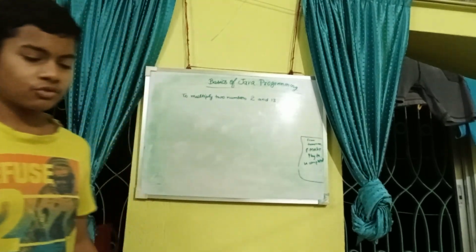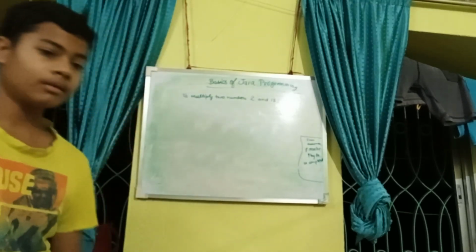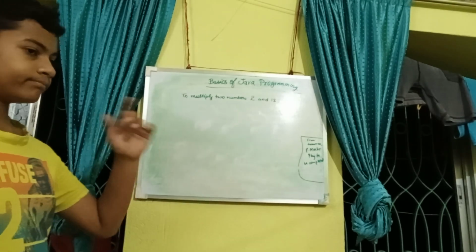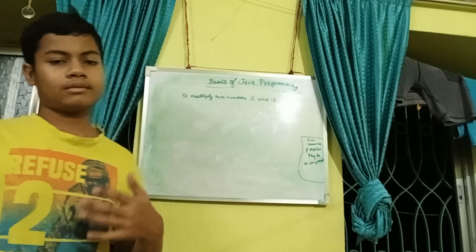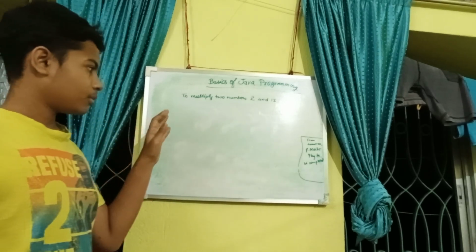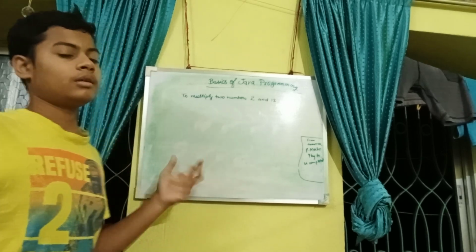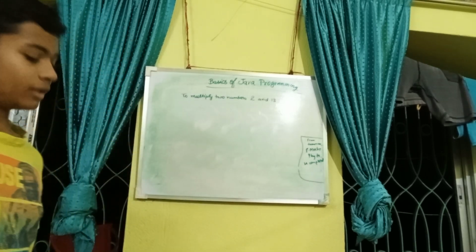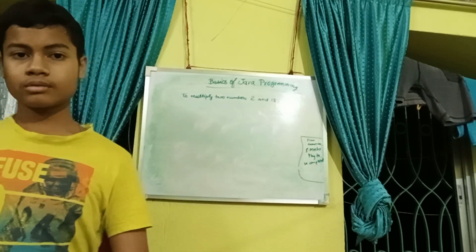There are two methods to do this program. One is simply doing the product directly. The second one is initializing a third variable for doing the product of 2 into 30.